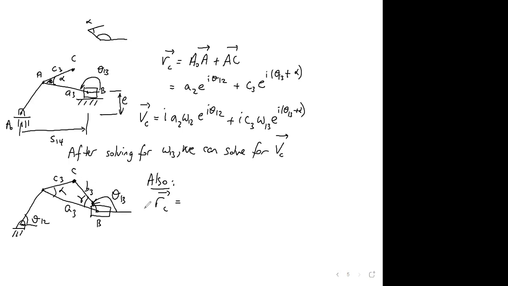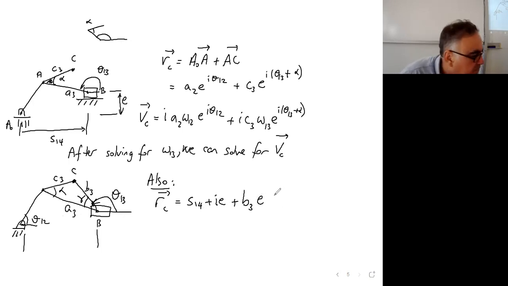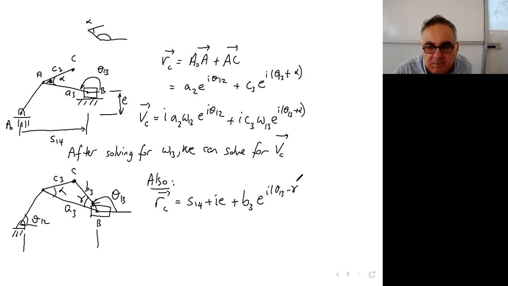In this case, for example, we can write, if this is S14, RC can be written as S14 plus iE, which is the eccentricity, plus B3 e to the i (theta 13 minus gamma), an external angle.